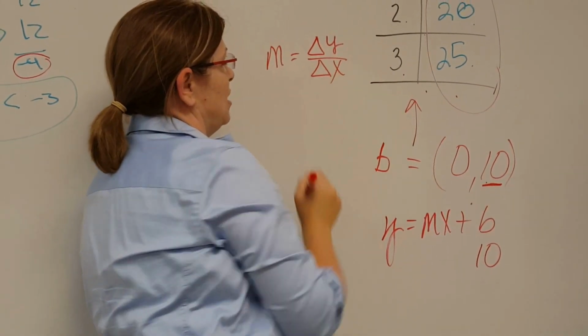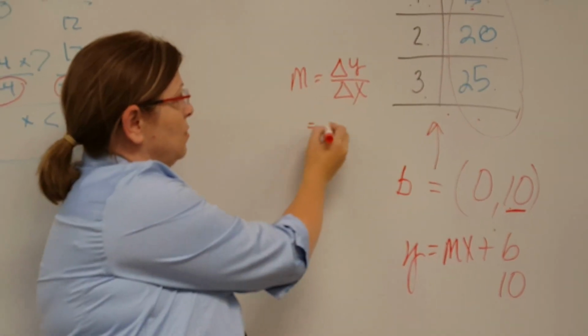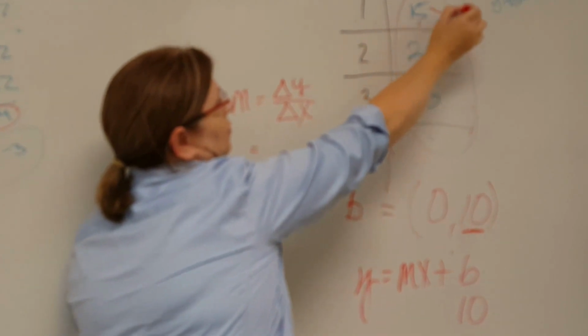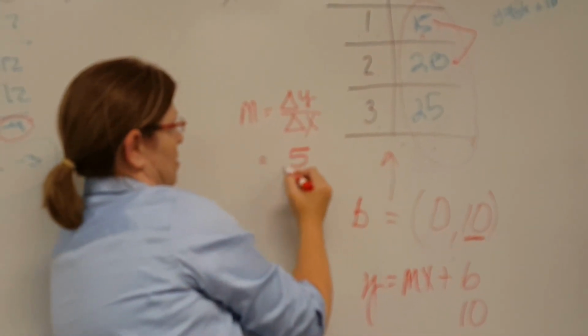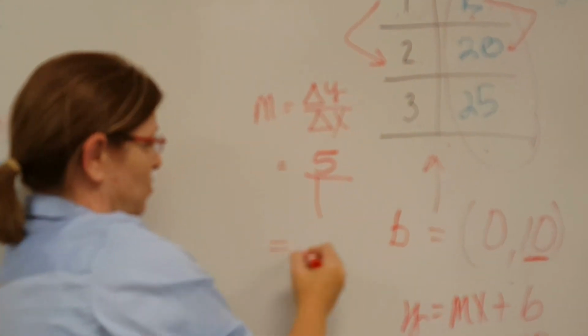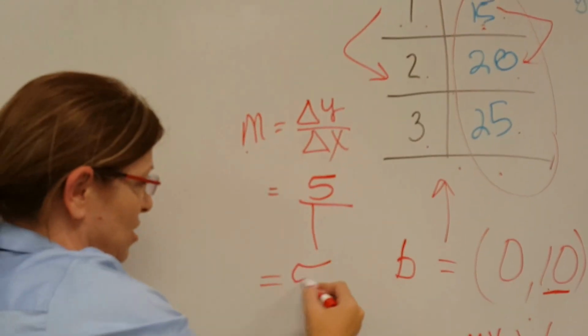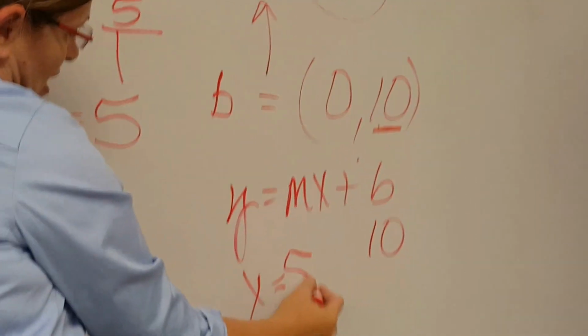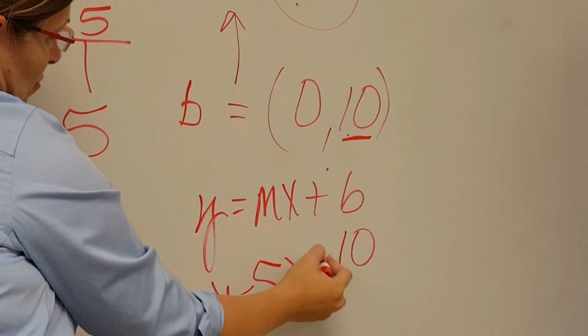Change in y divided by the change in x. What's the change in y from 15 to 20? 5. And then what's the change in x from 1 to 2? 1. So our rate of change is 5. So y equals 5 times x plus 10.